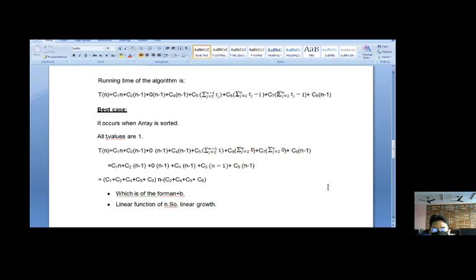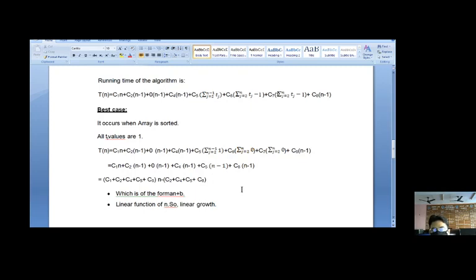Here the condition is that if there are n elements, then the while condition will be satisfied only once per element, and no element will be shifted. So in that condition, this term equals n minus 1.